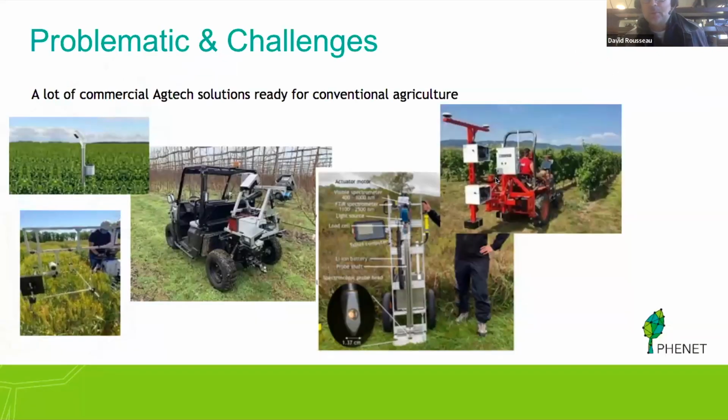So the problematic and challenge are the following. Actually, precision agriculture is a topic that exists since the 90s. So there are a lot of commercial ag tech solutions which are ready for a lot of conventional agriculture setups. On the left, you can see here a Bosch connected stick that was developed some years ago.